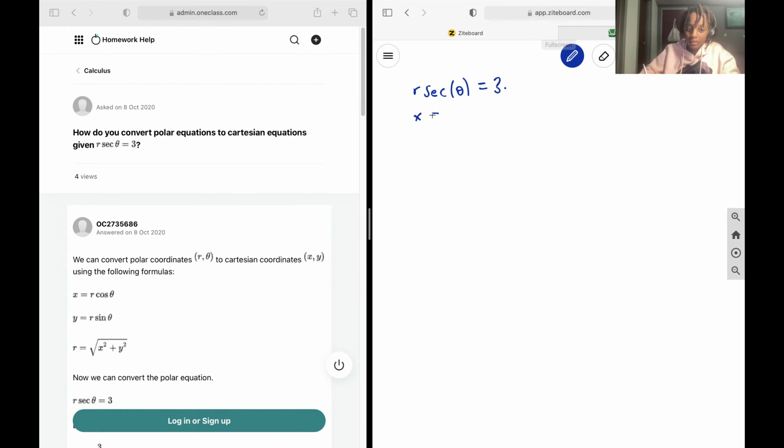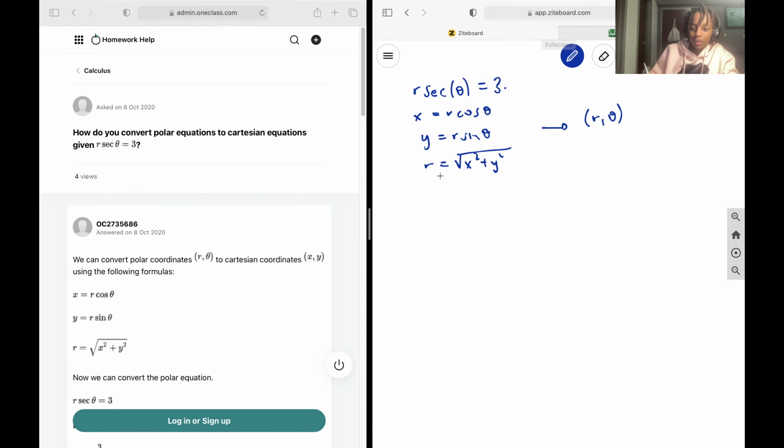So remember that x is equal to r cos theta, y is equal to r sine theta, and r is equal to the root of x squared plus y squared.